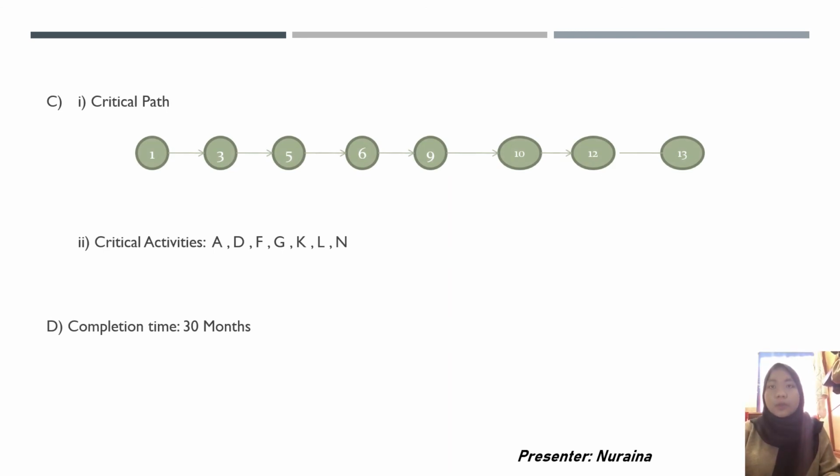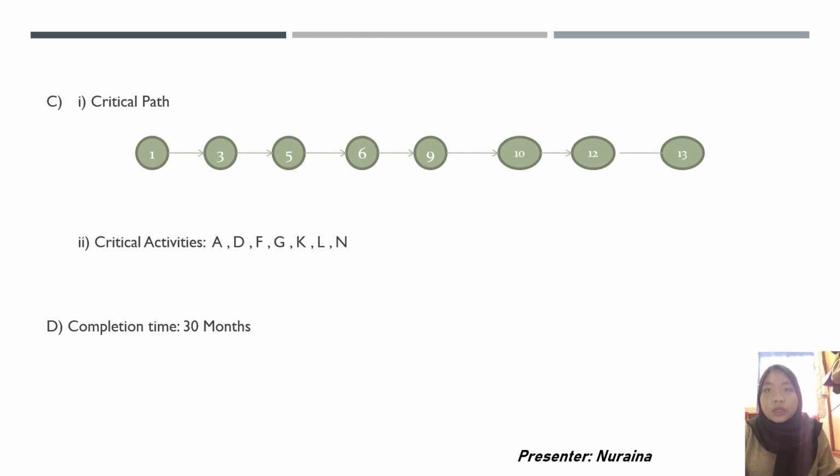So next we move to question 3, which is to determine the critical path and critical activity for the network. First we need to find the critical path. To find the critical path, we need to find the activities with the same earliest and latest times.